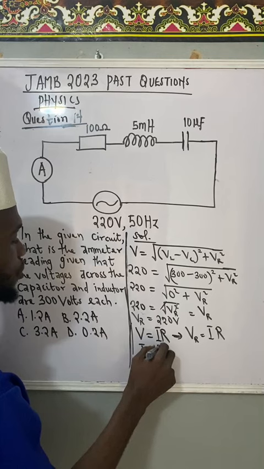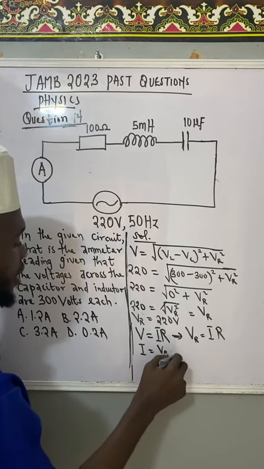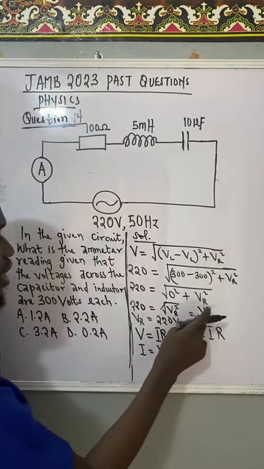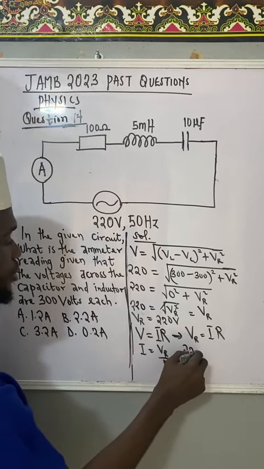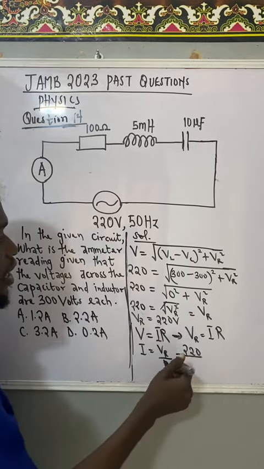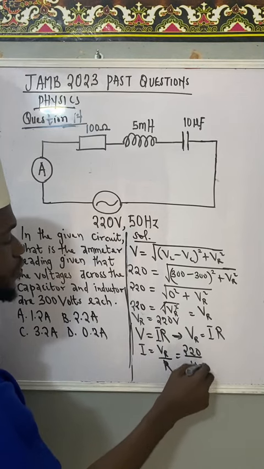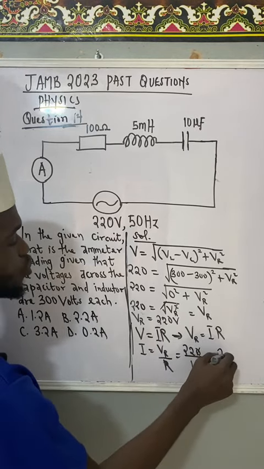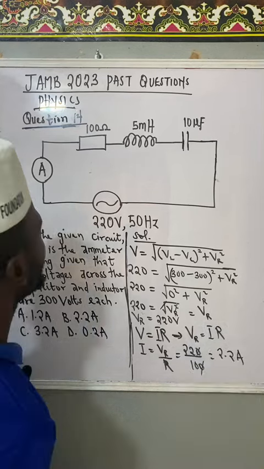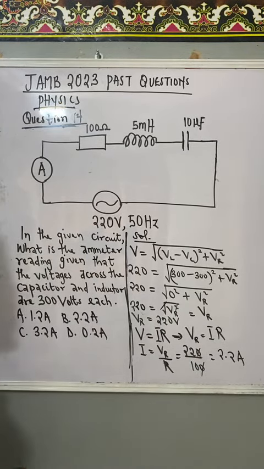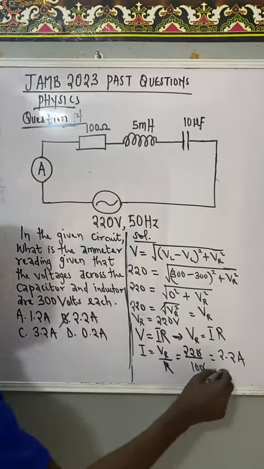I will be equal to VR over R. Now, what is VR from here? That's 220 volts over R, that's 100 ohms. 0 cancels 0. That's 2.2 amperes. So, looking at the options, we can see that option B satisfies our answer.